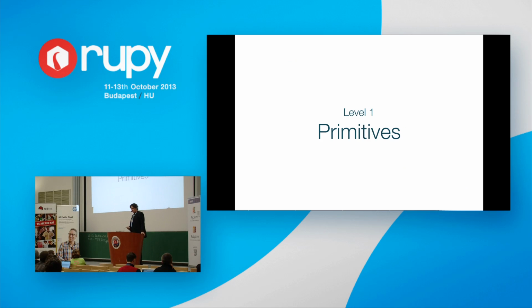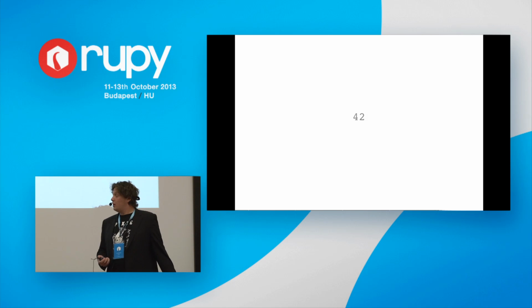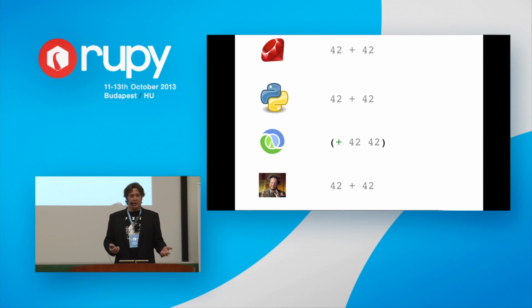Level 1 is called primitives, and as in many games, it's actually quite an easy level. Here's a primitive. This is 42. It's a number. There are also other numbers, but this is a good example. And numbers are, in all of these languages, in most languages, immutable data structures. You can't change a number. It's a value.